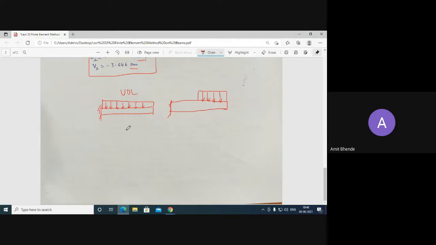Then there is uniformly varying load, UVL. In this uniformly distributed load, the magnitude of the loading is constant throughout the span, whereas in uniformly varying load, the magnitude is varying uniformly.